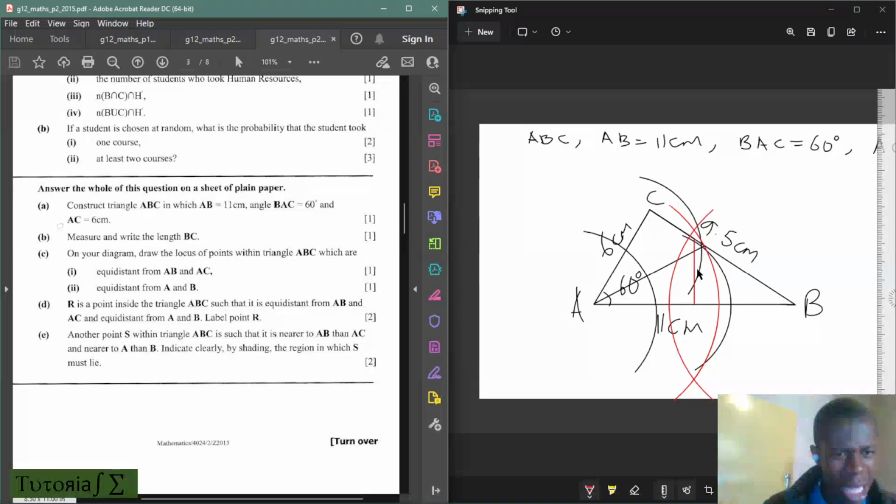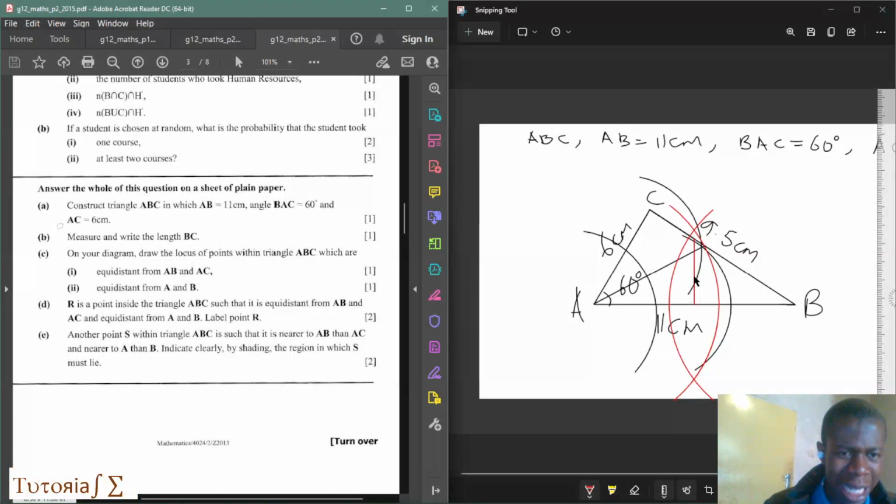This is the line that is equidistant from A and B. So R is a point equidistant from A and B, which is this line, and from AB and AC, which is this line. So we see that this point is both on this line and on the red line there.